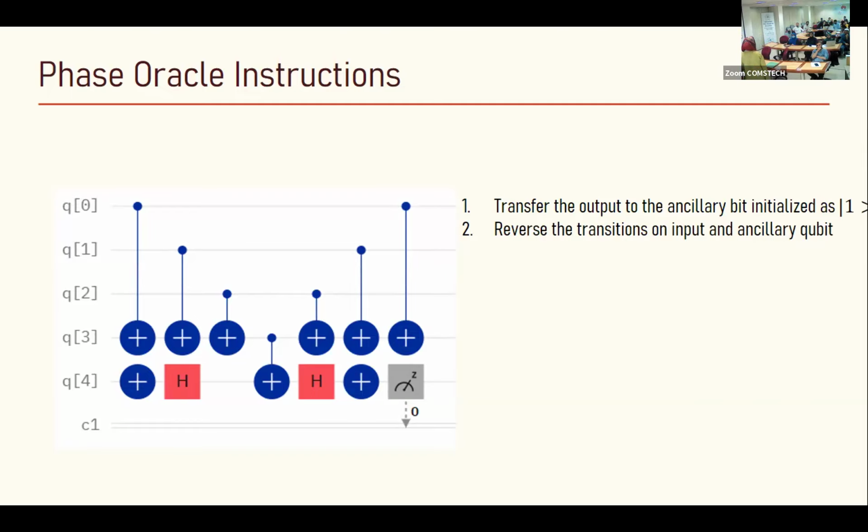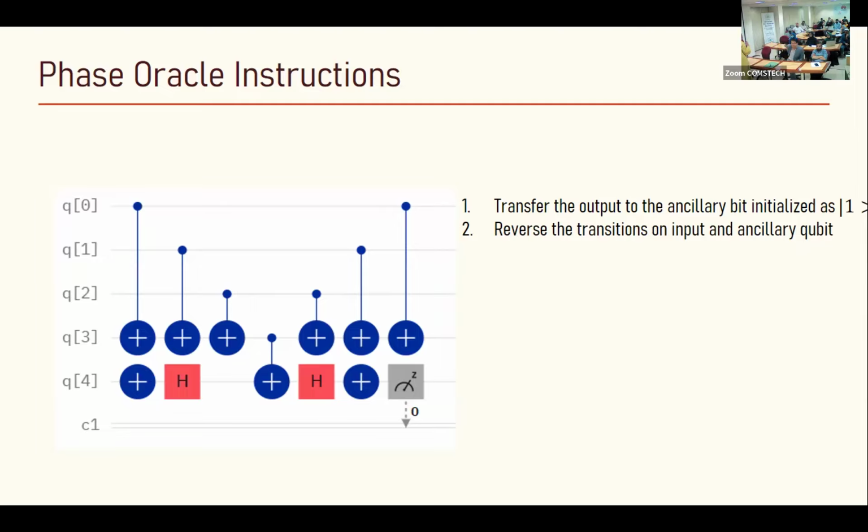So in Grover search, whatever function you implement as the phase oracle, it will highlight those values of the inputs that give the output 1.